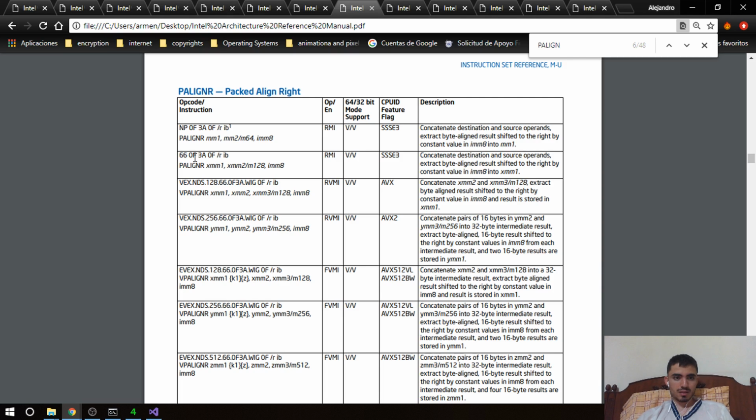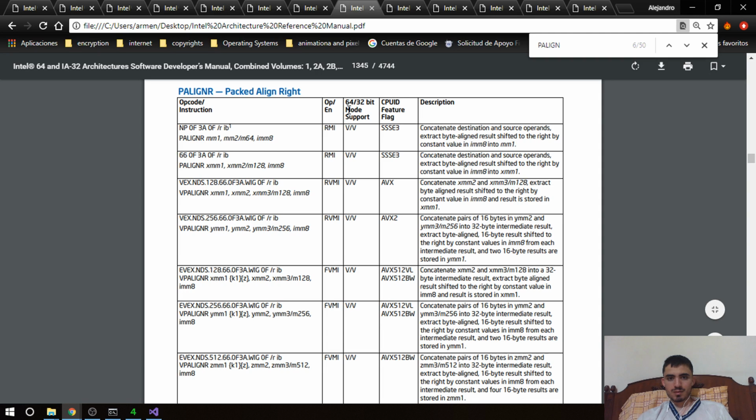We have PALIGNR, and we have this one, 66 0F 3A 0F, ModRM, then the immediate. This is the thing. For 64-bit and 32-bit mode support, it's valid on both, so that's nice. It's valid on 32-bit mode and 64-bit mode.